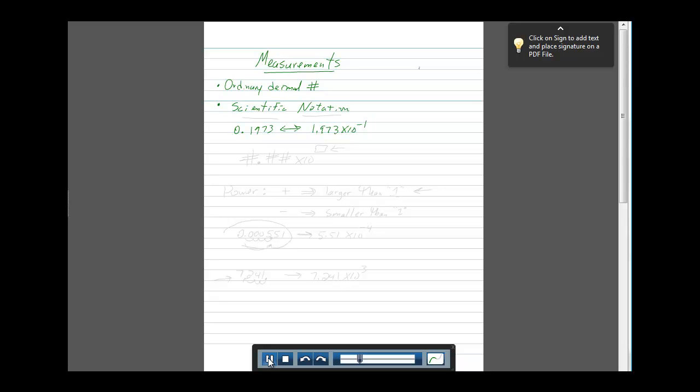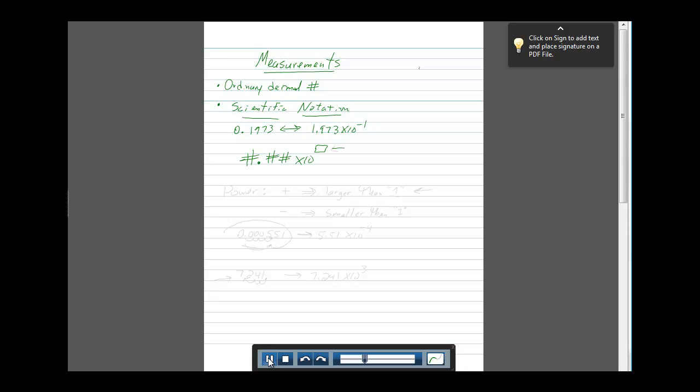And to do that, we have to follow a general format when we write scientific notation. And that general format would be having a number with a decimal point after it, and if there are any other numbers after it, whatever number that might be, times 10 to the power.